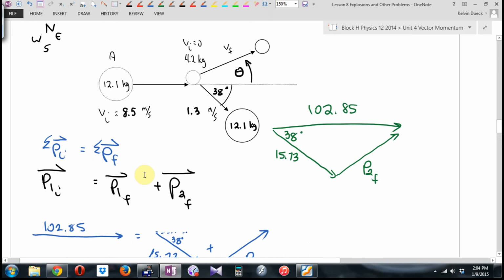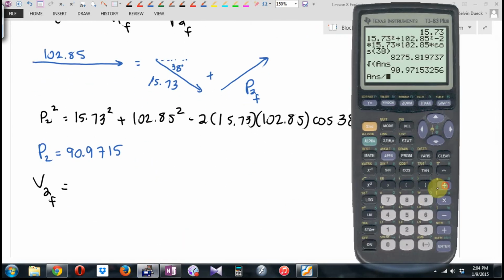What was the mass of object 2? 4.2. 21.7.